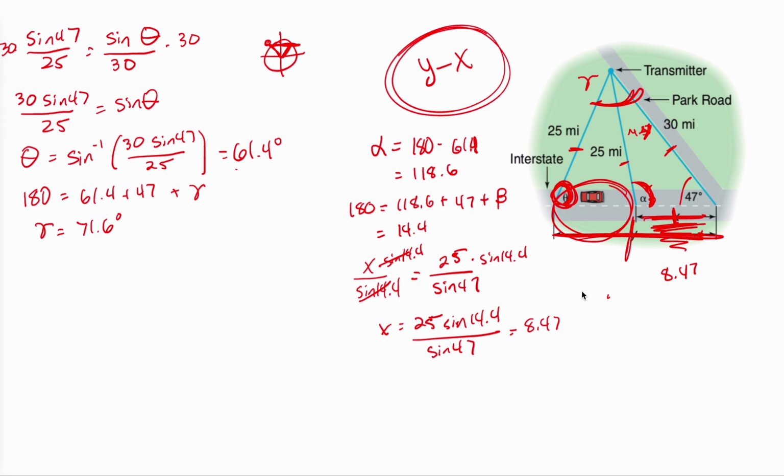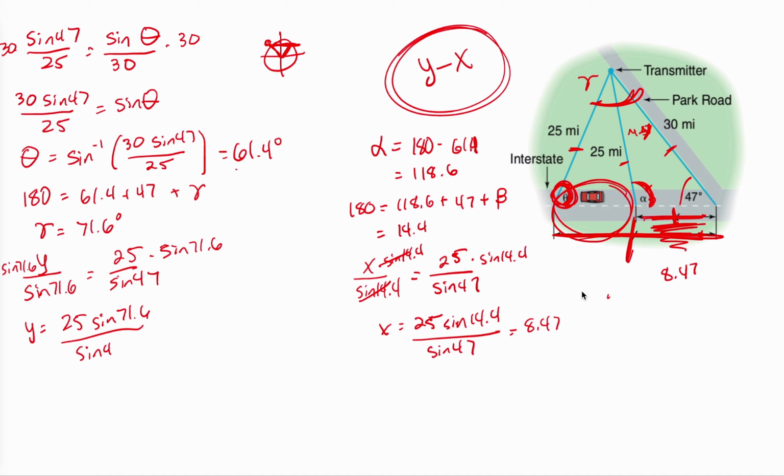So then we can find the length of side y by using the law of sines again. So y over sine 71.6 equals 25 over sine 47. We multiply both sides by sine 71.6, and we get y equals 25 sine 71.6 over sine 47, which turns out to be 32.4.